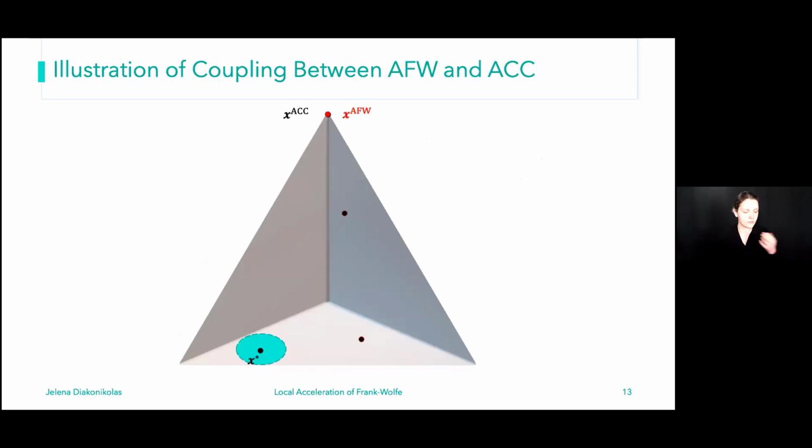And let me just illustrate what this coupling looks like. So you could start from a vertex. Initially the accelerated point and the away Frank-Wolfe are the same. You run them in parallel. The accelerated point is not going to move because its feasible set is the vertex, whereas away Frank-Wolfe is going to move and add points. Then you restart and you run into a new feasible set, and then you do another restart.